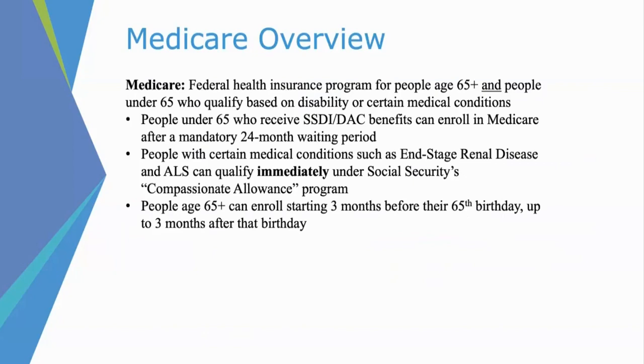People with certain medical conditions such as end-stage renal disease and ALS can qualify immediately under the Social Security's Compassionate Allowance Program. And people age 65 and over can enroll starting 3 months before their 65th birthday, up to 3 months after that birthday. Next slide, please.